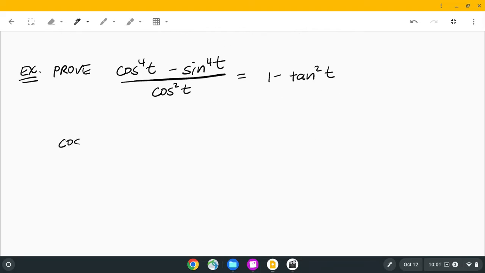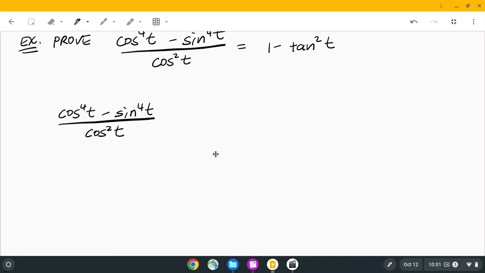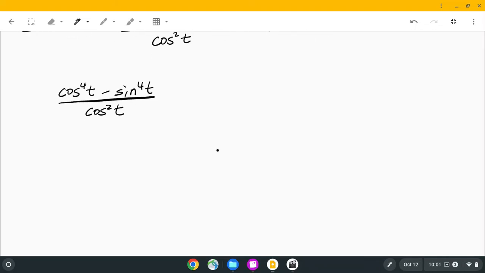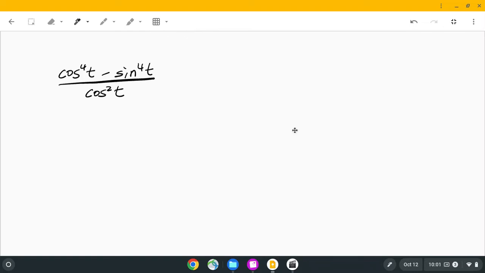Okay, so cosine to the fourth t minus sine to the fourth t all over cosine squared t. Okay, so we've got these squares going on. So I'm going to be thinking, okay, at some point I'm going to be using the Pythagorean identities. Okay, so here I'm going to factor. So up in the numerator, I'm going to go ahead and factor because I have perfect squares.